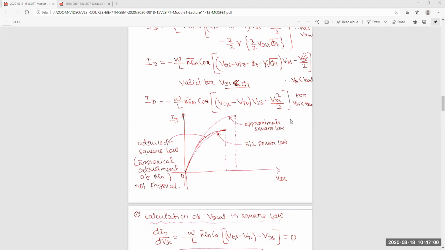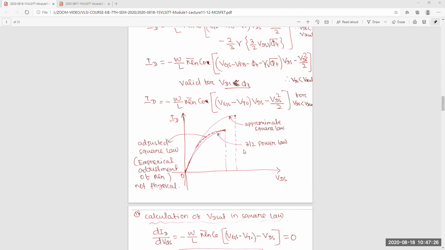Because this is the original current equation for a device, but by approximating all these things, we get this. So this is too much deviation from it. Though it's the original, we need this value, so you have to do some adjustment.